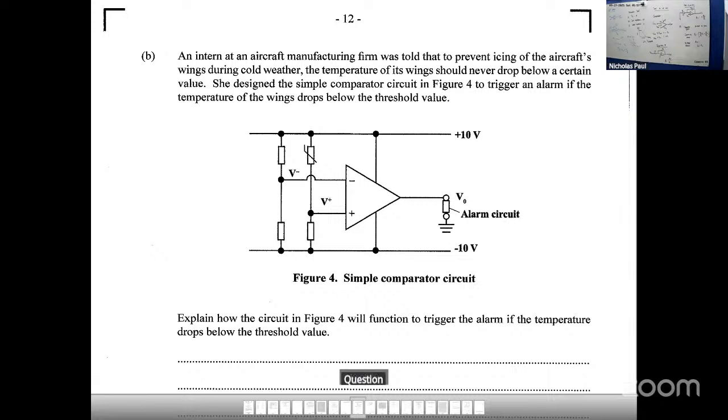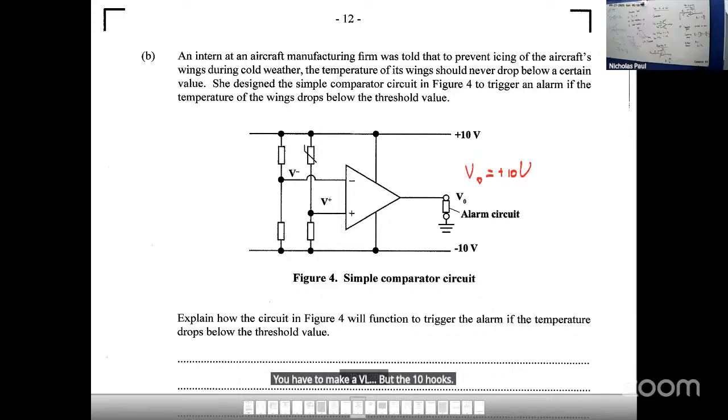For the alarm to go off, V out has to be positive or negative. V out is positive 10 or negative 10. Positive, like a 1. A 1 would trigger it. 1 is on, right? So you have to make your V out positive 10 volts.